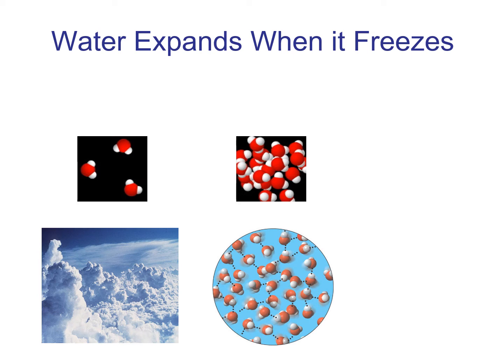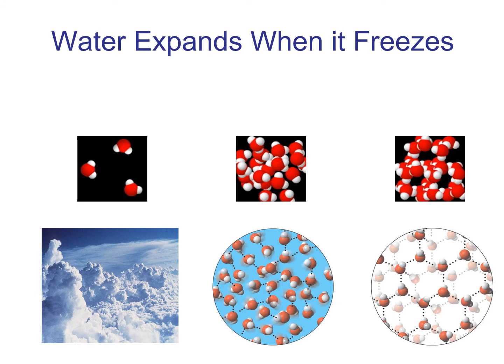Hydrogen bonds are forming, but they're also breaking. So the hydrogen bonds don't last very long. And at any one point in time, one particular water molecule is probably not going to be able to form 4 hydrogen bonds to other water molecules. And in ice, things have slowed down enough that the water molecules are able to form 4 bonds with other water molecules and give us this lattice crystalline structure.